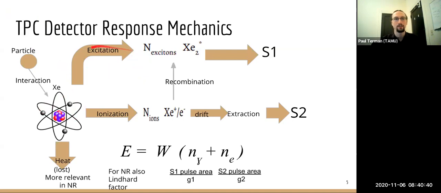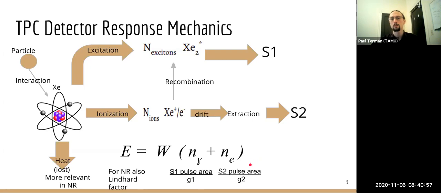We have our initial excitation, that's that scintillation from the S1. There is a contribution from recombination of ionized electrons recombining with xenon. We have the other electrons that are extracted to become our S2.